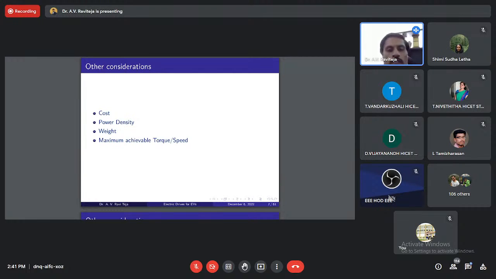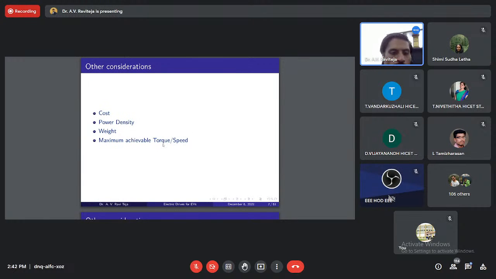So you have to see that at least a reasonable maximum speed or torque is achievable by the vehicle, so that you can use it for all purposes, right? Then maximum achievable torque is also important because it is used for advertising the vehicle. 0 to 100 kmph, how fast it can achieve, that depends on maximum torque.